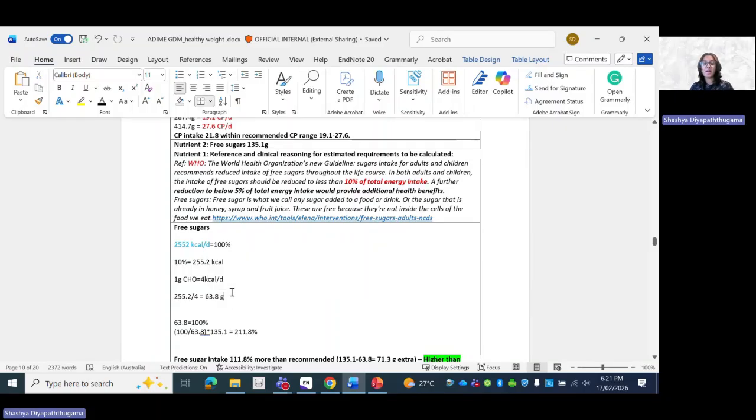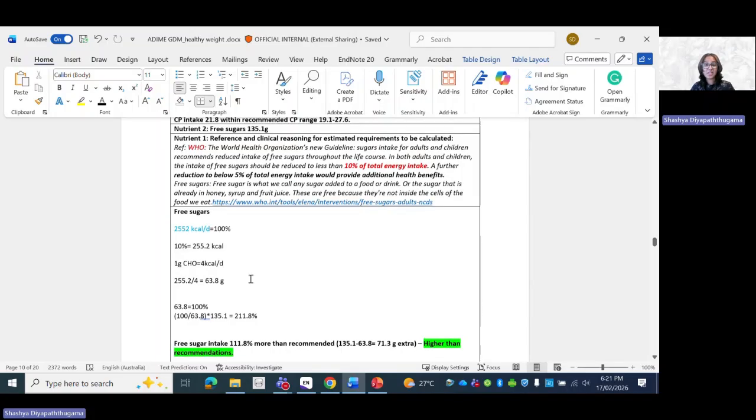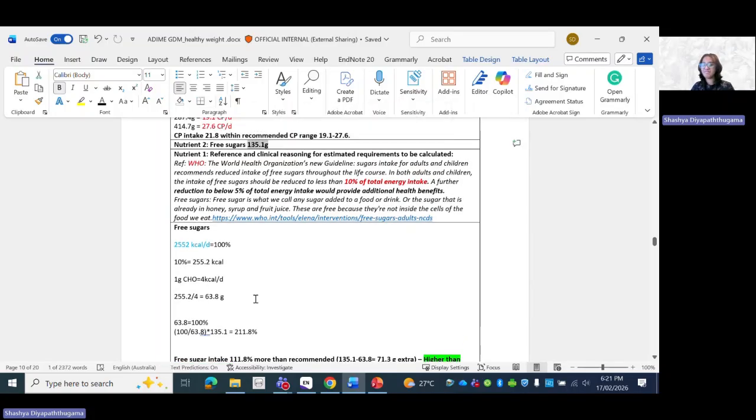So if we are trying to supply 10% of the total energy from carbohydrates, which means we can take 63.8 grams of carbohydrates. But if this woman is eating more than 63.8 grams of carbohydrates, which means the energy coming from carbohydrates is more than 10% of the total energy. So she's actually consuming more. So she's exceeding this value.